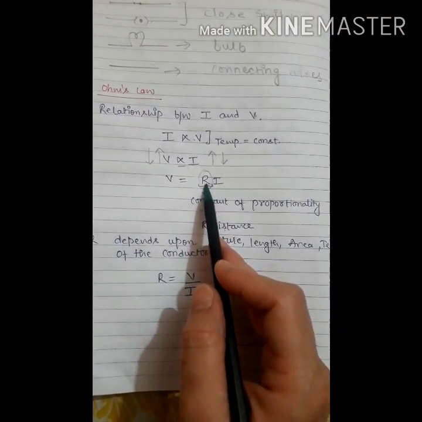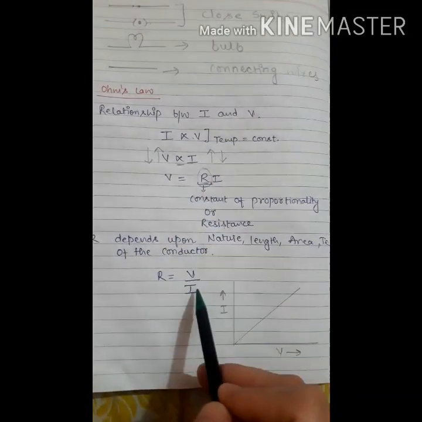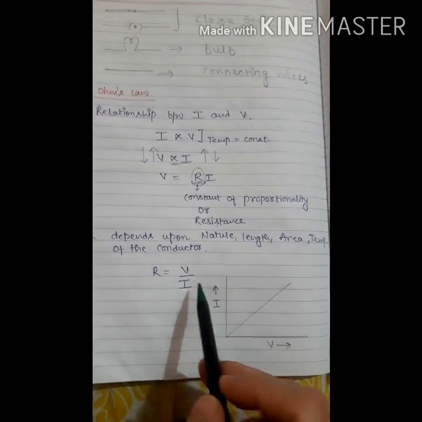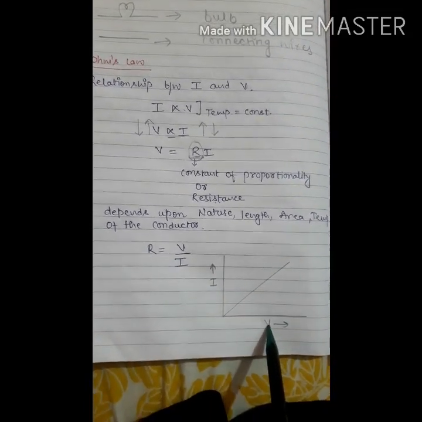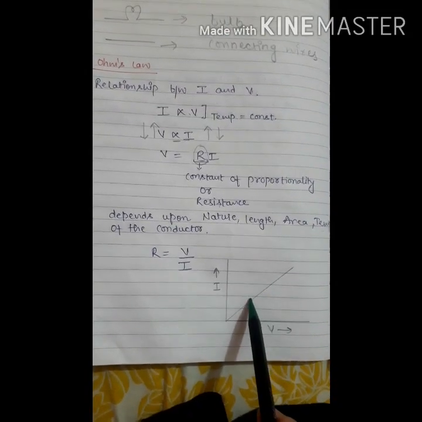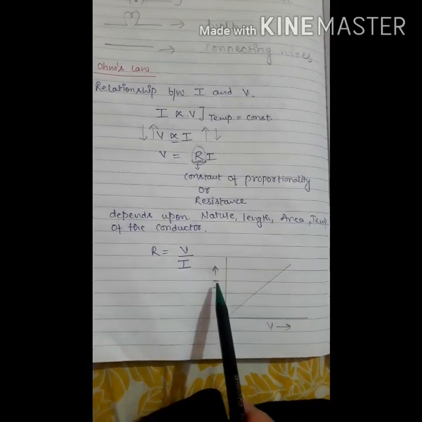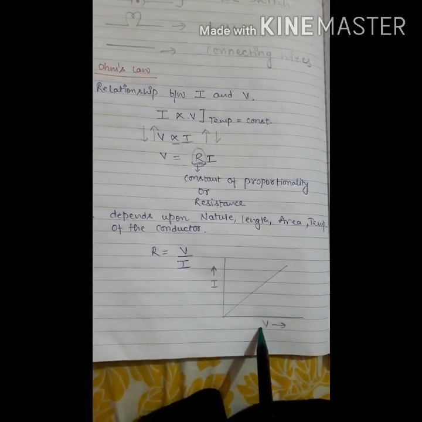Here we can easily find the value of R. R is equal to V upon I. If we plot a graph between potential and current, there will be a straight line, which directly implies that voltage is directly proportional to current, or current is directly proportional to voltage.